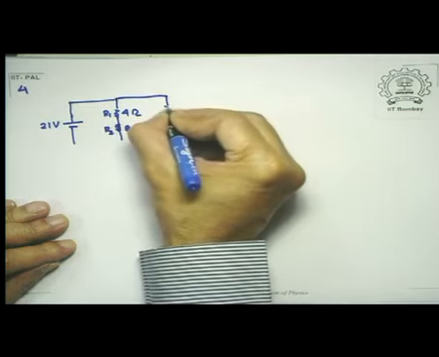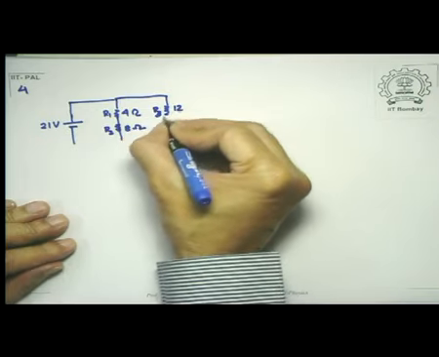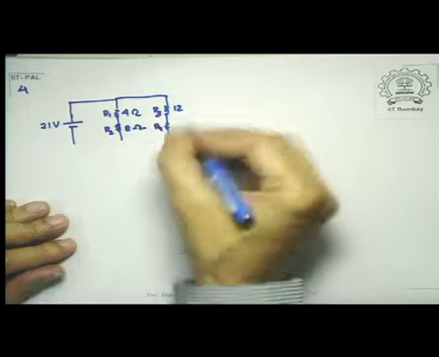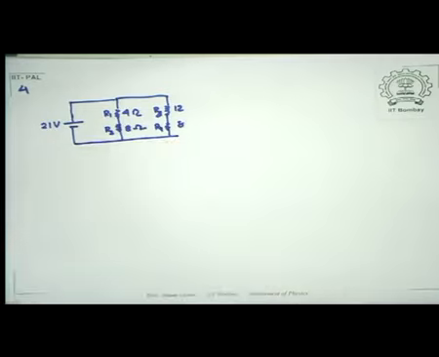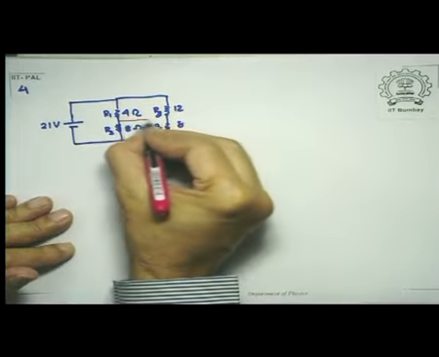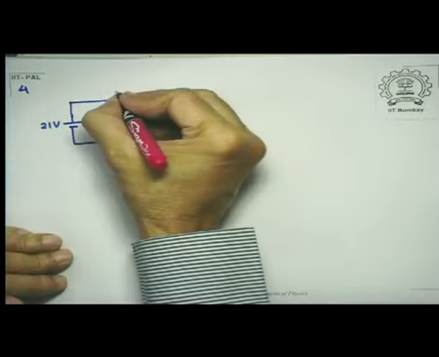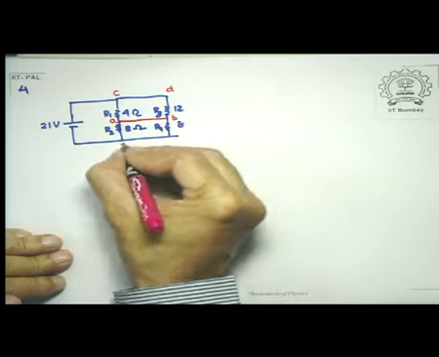On this side there was an R3, which was 12, and an R4, which is 8 again, and I had this switch connected. So this was C, D, this is A, this is B, this is E, this is F.